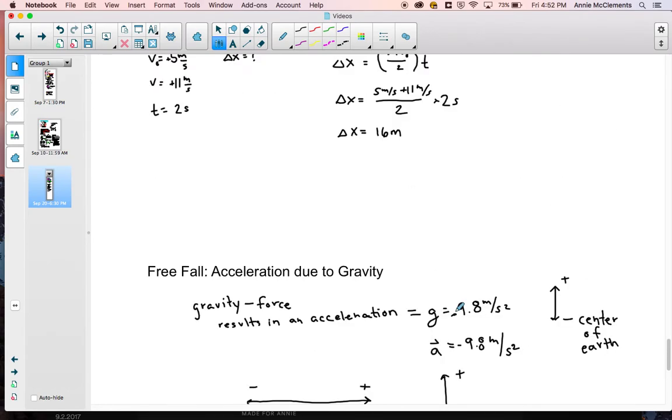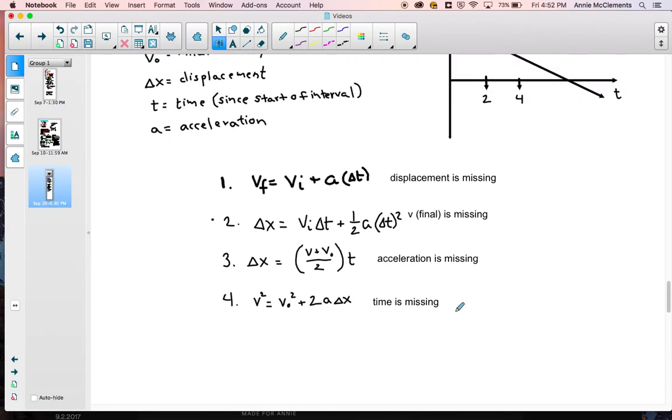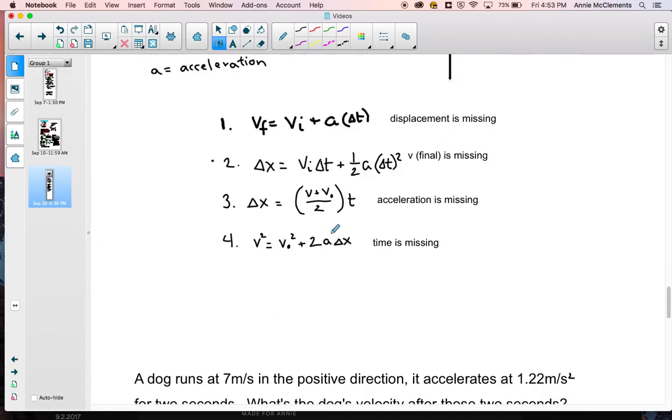So let's scroll up and look at our big four. Remember, we didn't have a velocity final. We did have a velocity initial though, so this equation here, where v final is missing, might serve us well. It's got all of the variables that we identified, and we would be able to solve for our delta time. So let's go ahead and use that one.